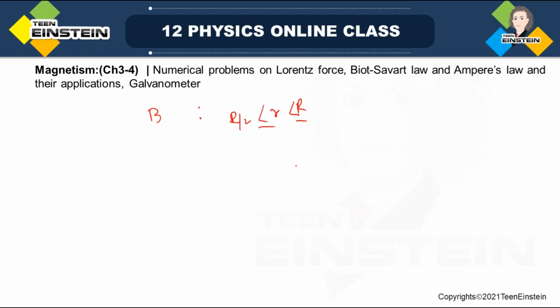So in this region, the enclosed current would be pi r squared minus pi (r by 2) squared, into sigma.